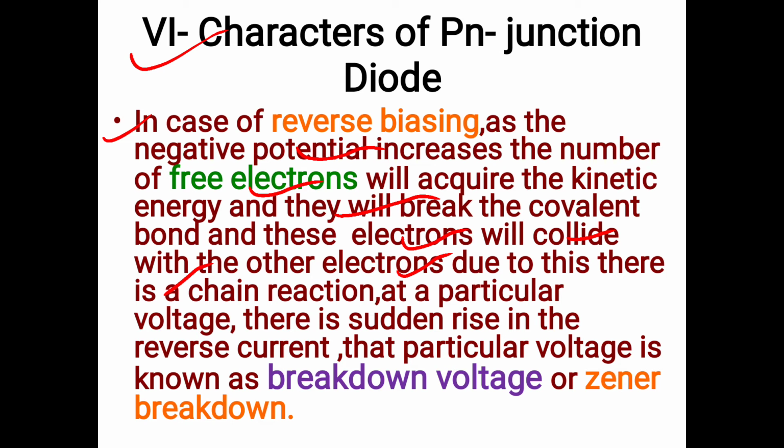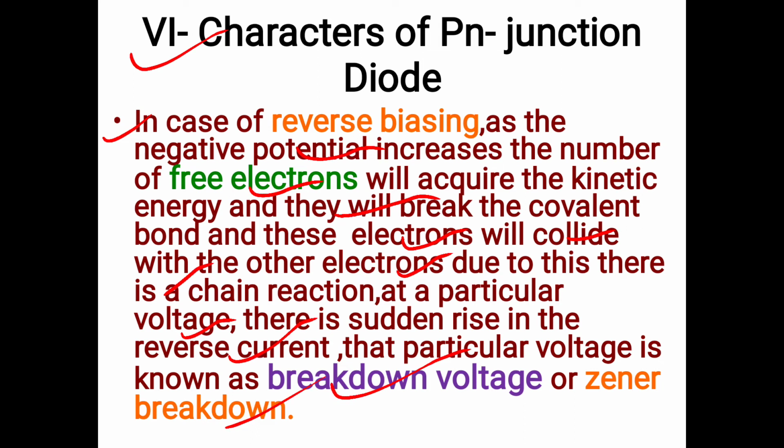Due to this, there is a chain reaction at a particular voltage, and there is a sudden rise in the reverse current. So this is the reason mentioned in this slide, you can study. And that particular voltage from which the reverse current started increasing is known as the breakdown voltage or the Zener breakdown.